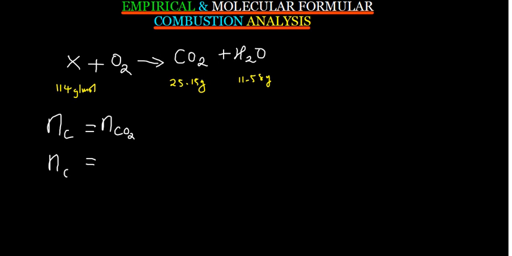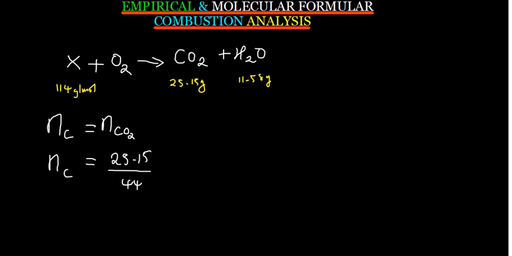So how do you find the number of moles of carbon dioxide? It is the mass of carbon dioxide over the molar mass. The mass of carbon dioxide is 25.15. The molar mass is 44. I hope we are following.